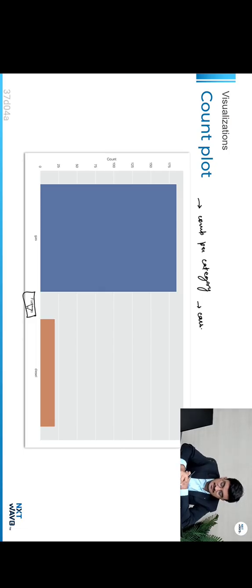In this case, fuel type is the category, and we can see more than 175 cars have fuel type gas, while the remaining around 20 or 22 cars have fuel type diesel. A count plot shows us the actual counts of a given category across the dataset.